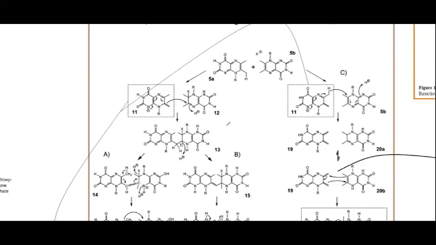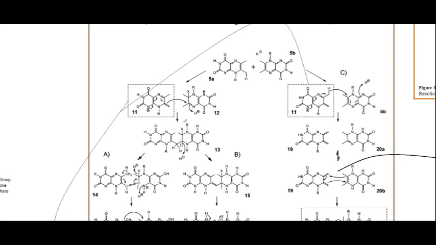So this one shows that two of the double ring structures actually come together, and this double bond here, this ethylene moiety here, attacks this double bond here, which then goes and grabs a hydrogen ion.